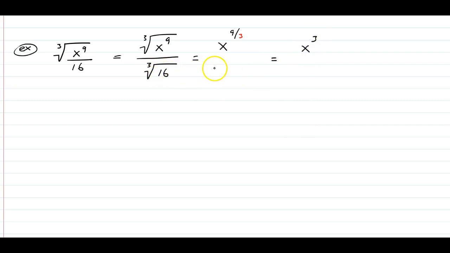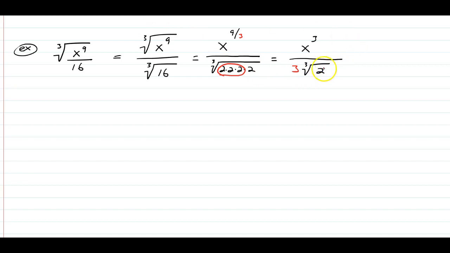The 16, I'm going to go ahead and break down. So that's 2 times 2 times 2 times 2. And so there is a group of 3 that I can pull out. And so this is going to become 2, and the cube root of 2.